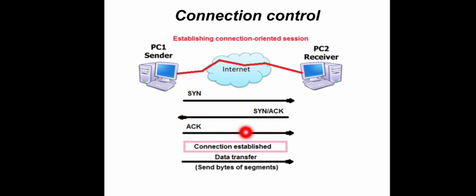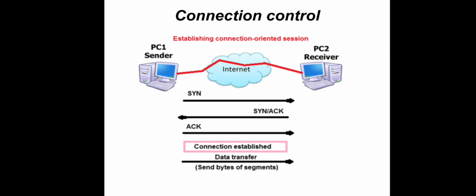After these three steps, a connection will be established, and all messages corresponding to that communication will be through this dedicated channel. This will be continued until one of the machines terminates the connection. So after connection establishment, the data will be transferred. This is called connection oriented communication.